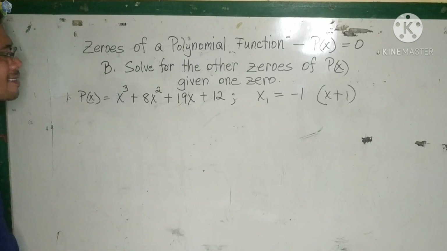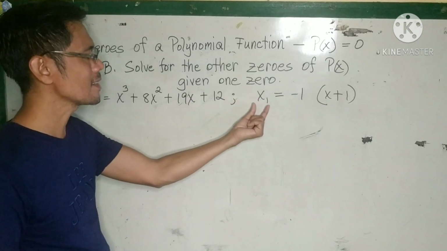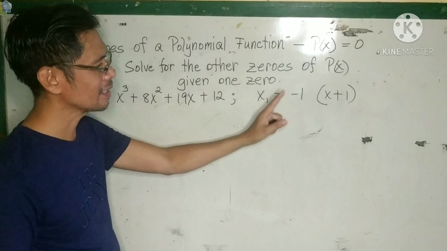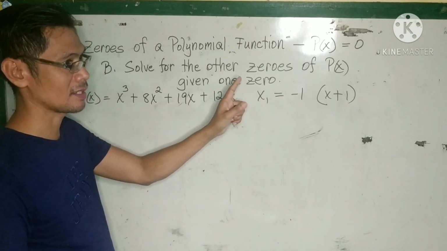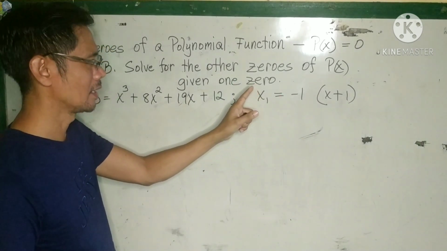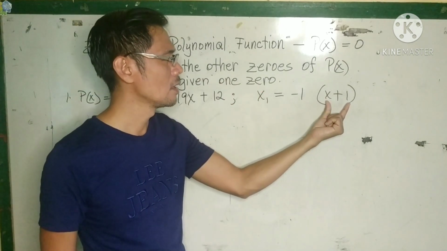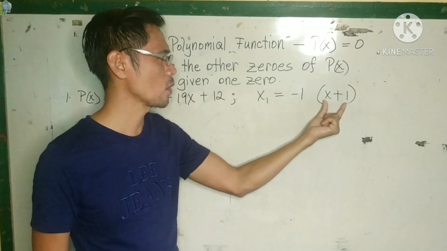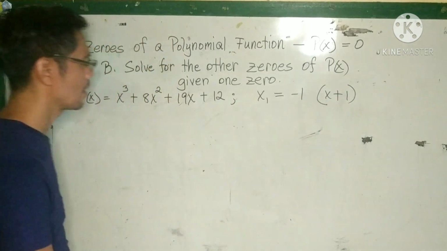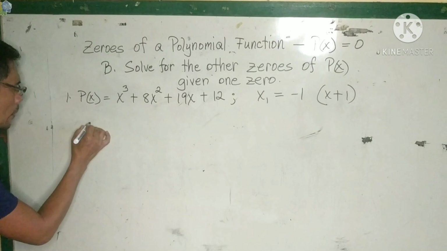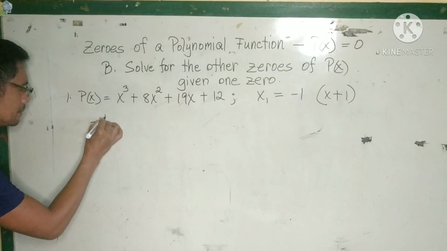So recalling our synthetic division, since one zero is negative 1, that means c is negative 1, and one factor of your p of x is x plus 1. So we have negative 1.